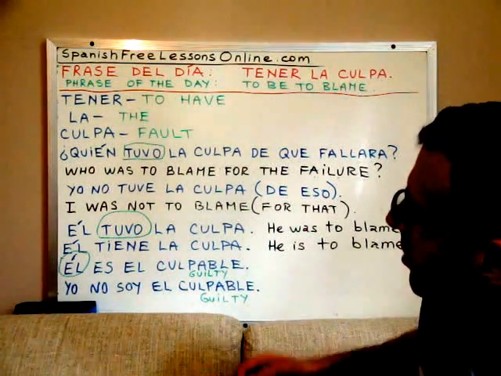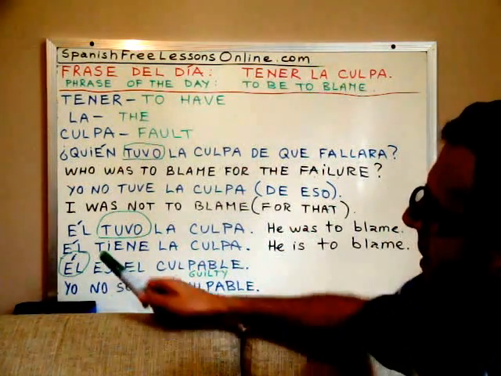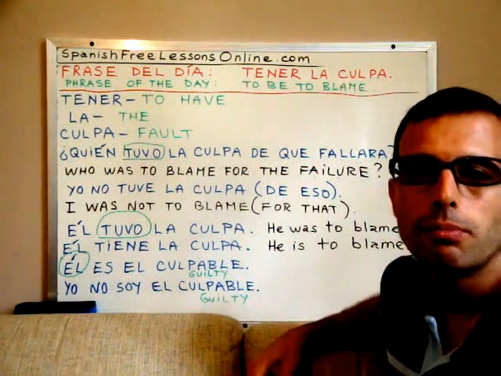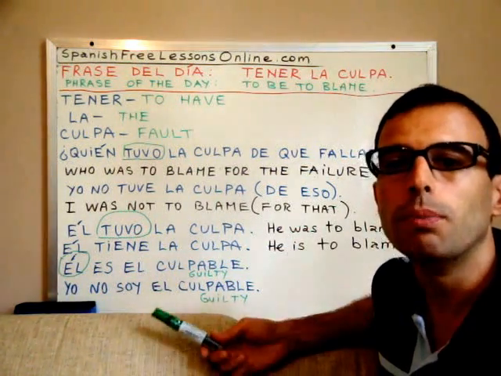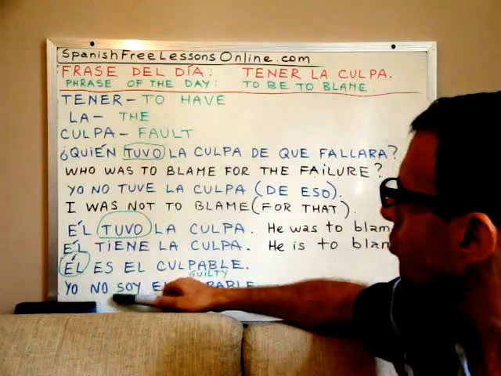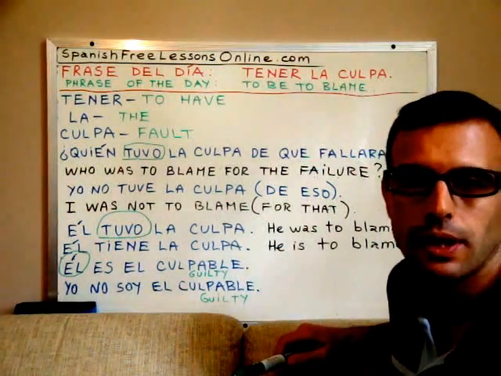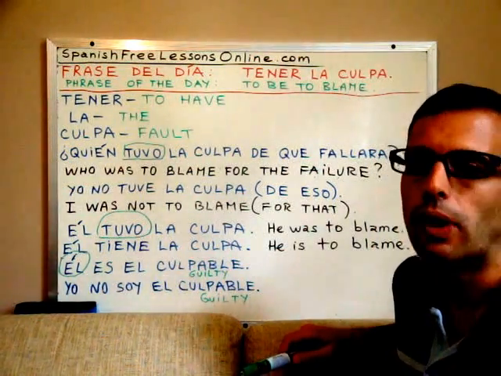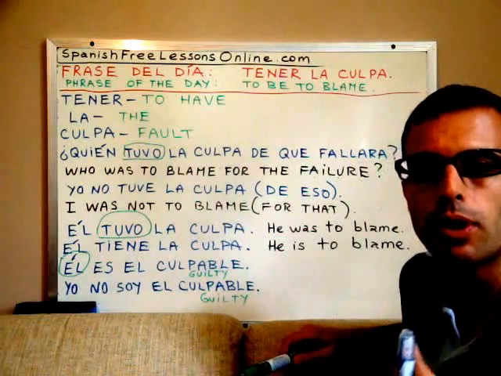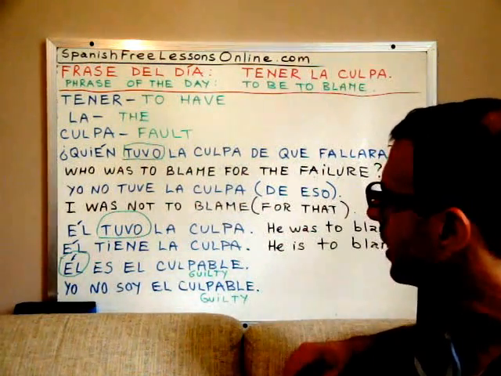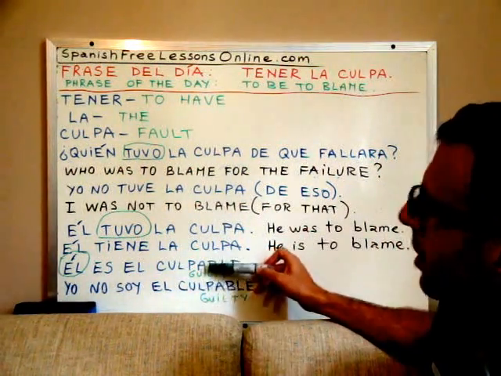Okay? So, él es el culpable can both mean he is guilty or he is to blame. Yo no soy el culpable can both mean I am not guilty, or I am not the guilty one, or I am not to blame. Right? But it's a bit harsher, okay?